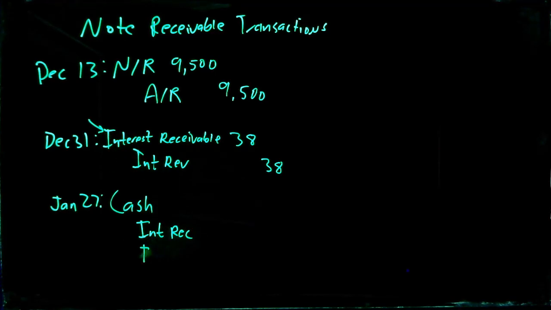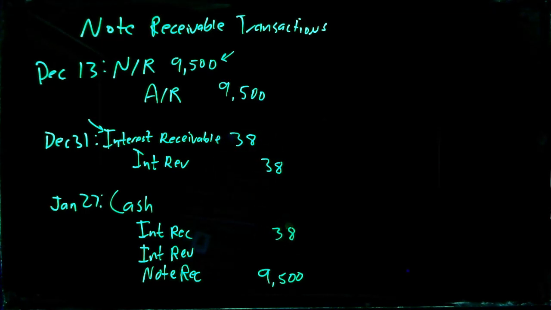We're going to recognize more interest revenue, and then we're going to credit the note receivable. So the note receivable was for the $9,500, so we're going to credit $9,500. Our credit to interest receivable is going to be the interest we accrued at the end of December 31st. So we're going to credit $38.